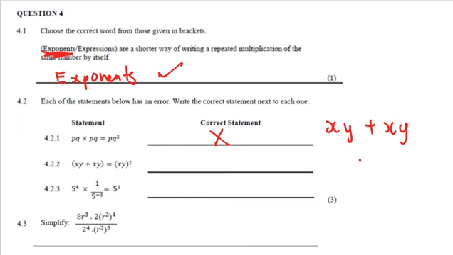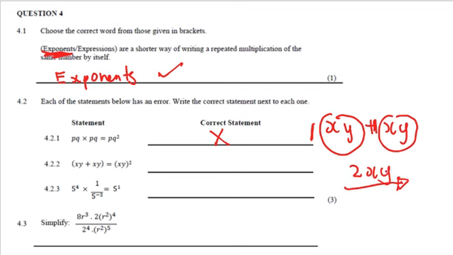Remember when we were dealing with algebraic expressions, when you have the same set of variables, we can add them and add their coefficients. The coefficient here is 1 and the coefficient here is 1. So xy plus xy is like 2xy.